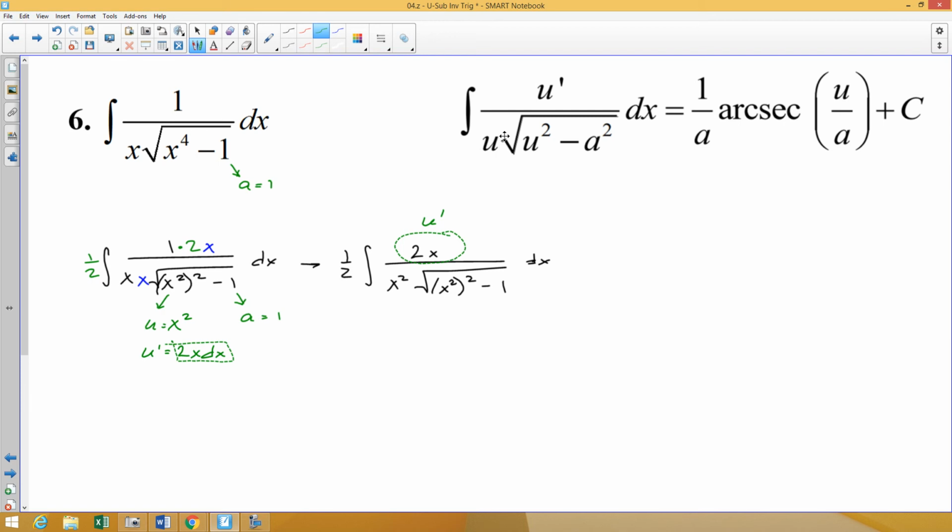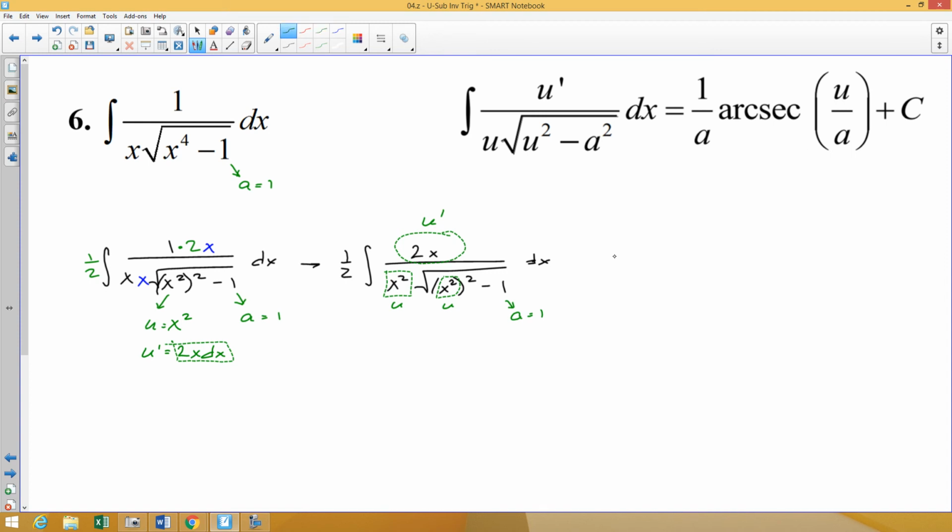And for arcsecant, you're supposed to have u squared minus a squared, and that's exactly what we have. I have u right here, because u was x squared. I have another u right here, because u is x squared. And then my a is still 1. So this antiderivative turned into this exact same formula, which is 1 over a arcsecant of u over a.